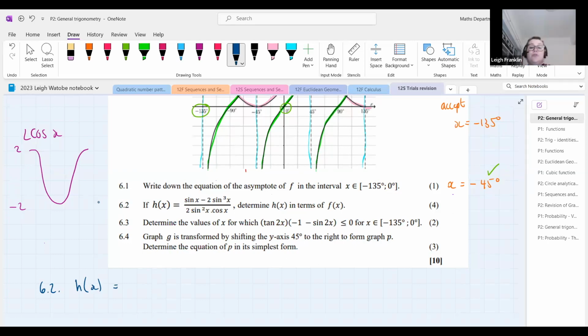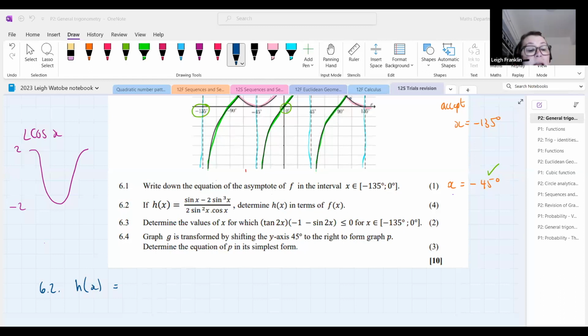What can we do to the numerator of h of x? There we go. We can take out a common factor. Absolutely. Because remember, we can't cancel across plus and minus signs. So if we see pluses and minuses, we have to factorize.